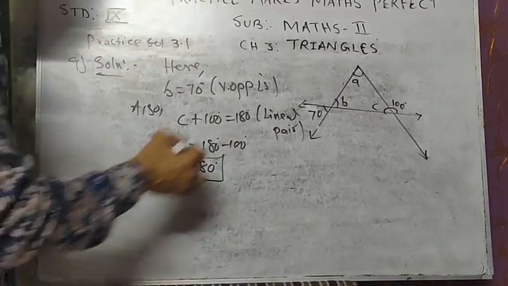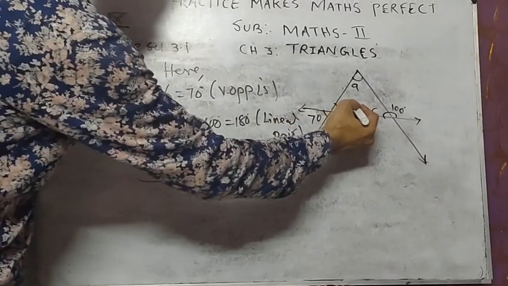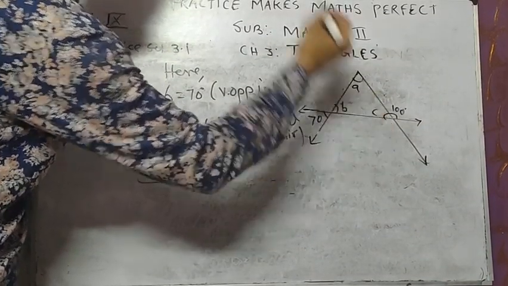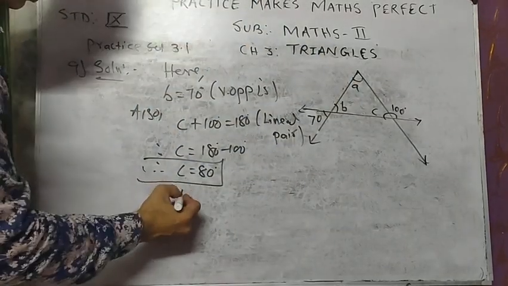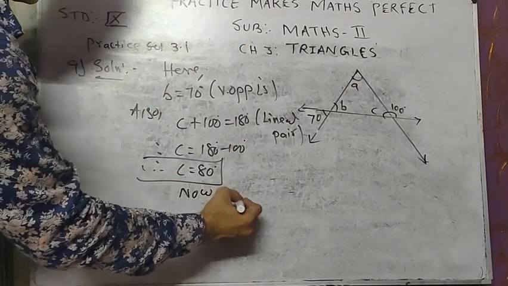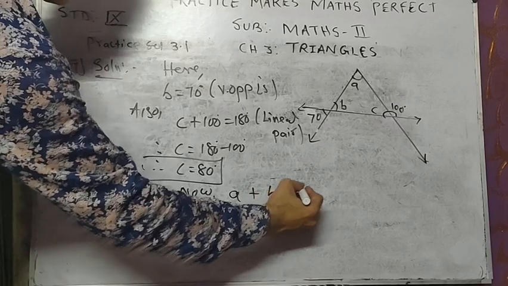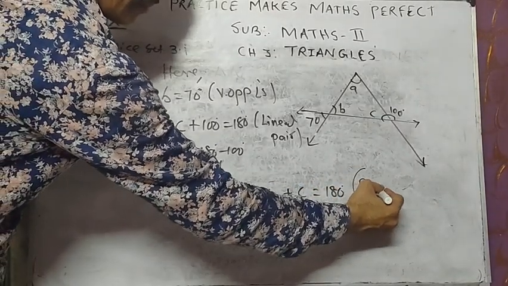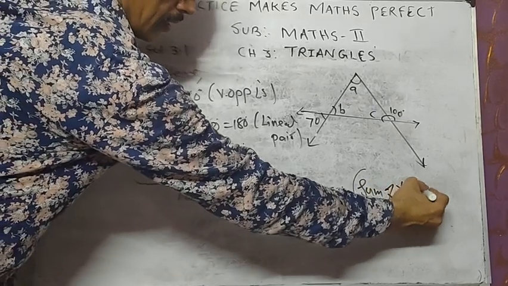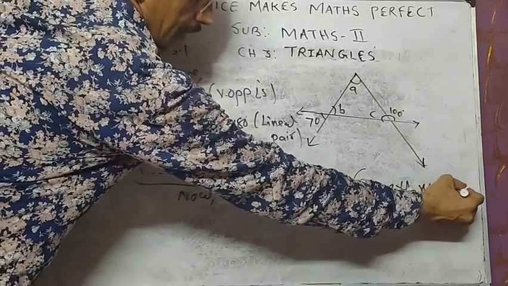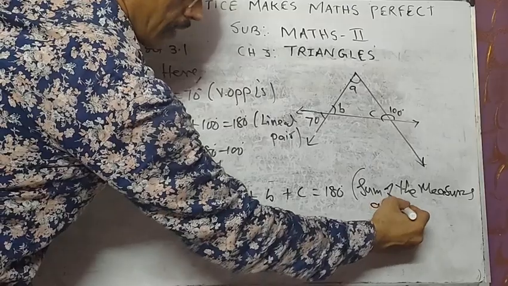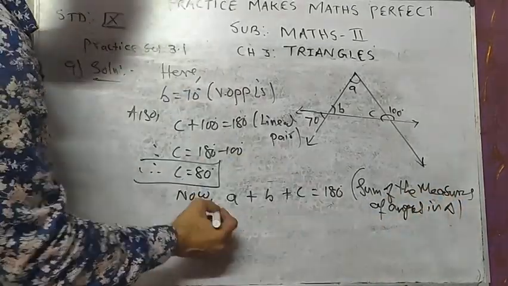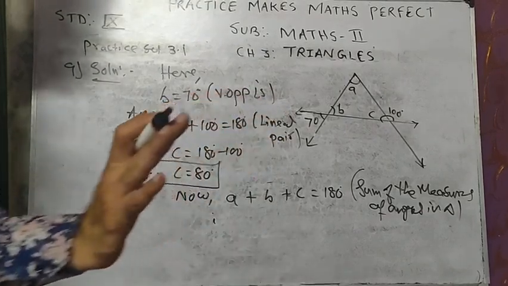C you got 80, B you got 70. This is 70, this is 80. Now you want A. Now A plus B plus C is equal to 180 degree. Very easy sum. Sum of the measures of angles in a triangle. Okay. I have the place, so I have written the full reason.